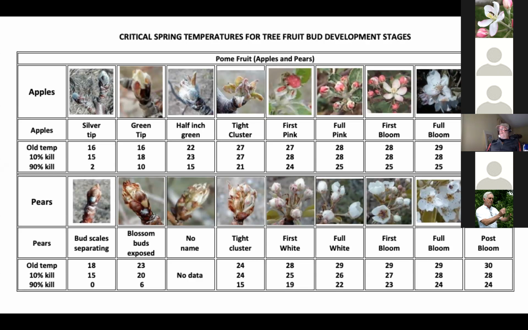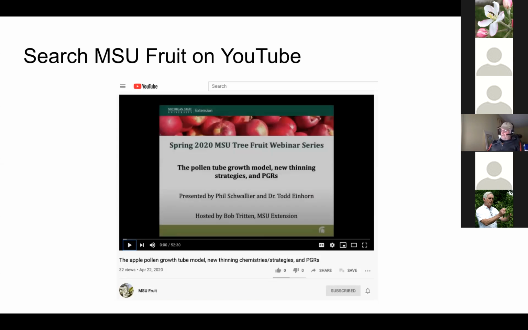Keep an eye on the temperatures during bloom and realize you might have some frost or freeze injury if they drop below these levels. If you want to know more about the pollen tube growth model, Phil Schweier has a pretty good video. If you search MSU fruit on YouTube, he explains it with far more detail, has more time than I have. You could go look at that.